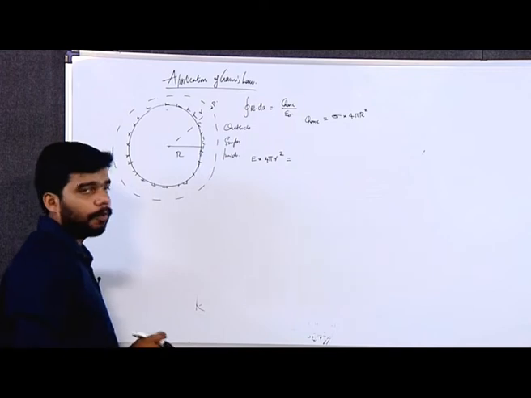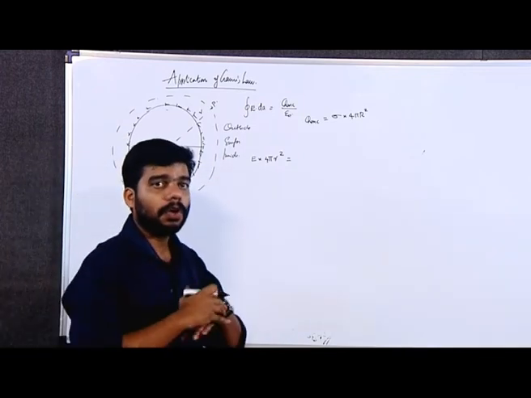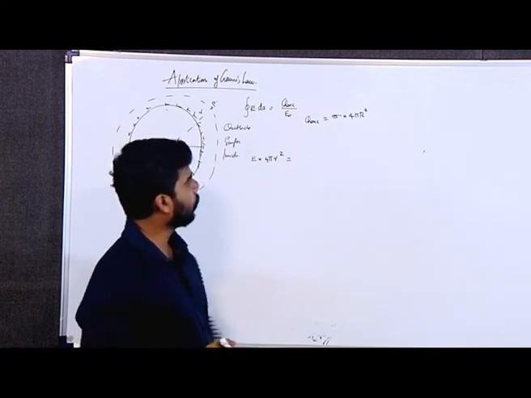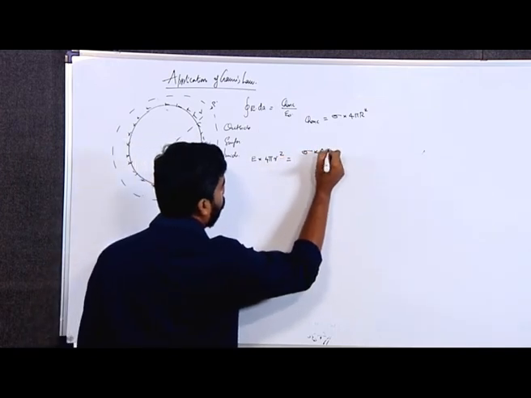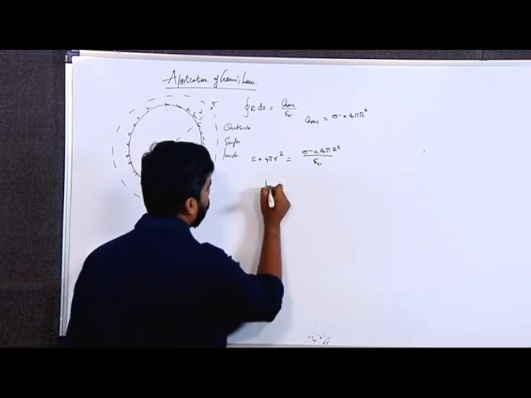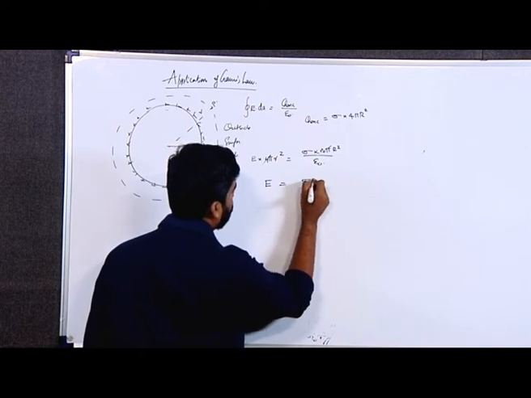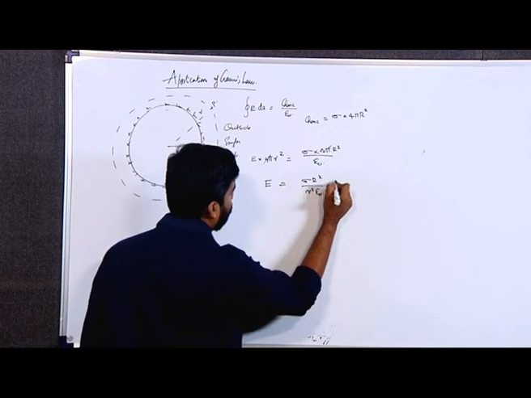Why sigma into 4 pi R square? On the shell, the charges will reside only on the surface. So the Q enclosed is equal to sigma into 4 pi R square. I am substituting that value, which is equal to sigma into 4 pi R square by epsilon 0. So therefore E is equal to, 4 pi and 4 pi will go, sigma R square by R square into epsilon 0 into R cap.